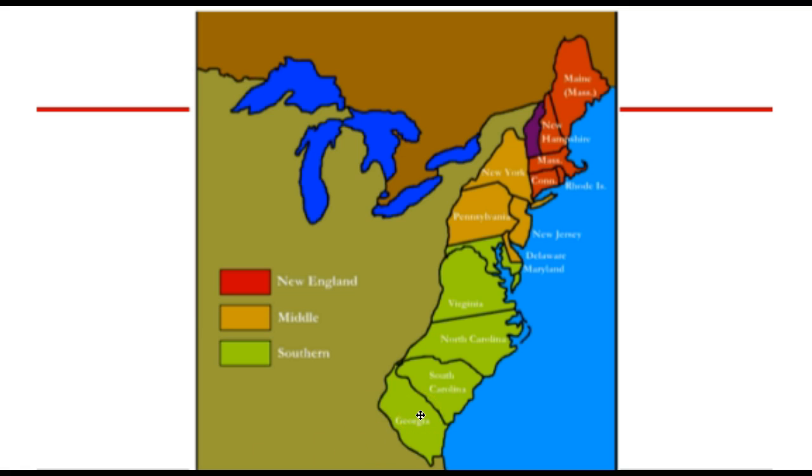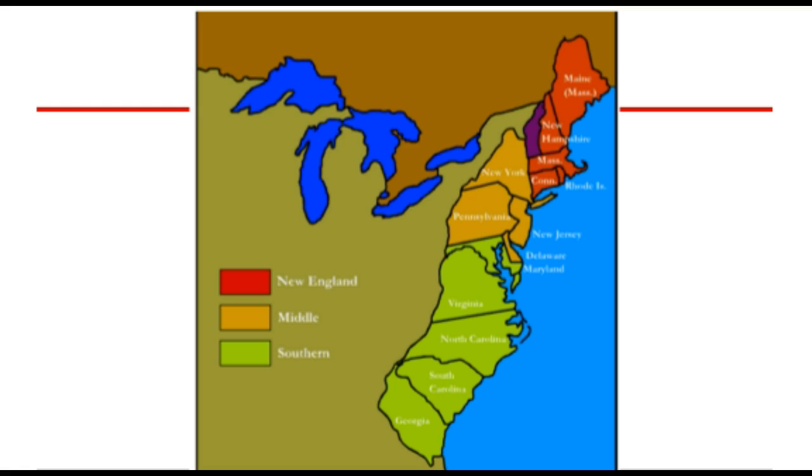Interesting story about Georgia. They actually were a debtor colony, meaning they would send people who could not pay their debts to this colony to work them off. That gets outlawed in America, but it was a common practice in Europe at the time.